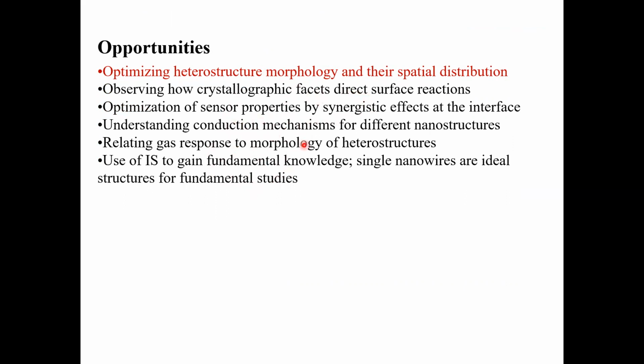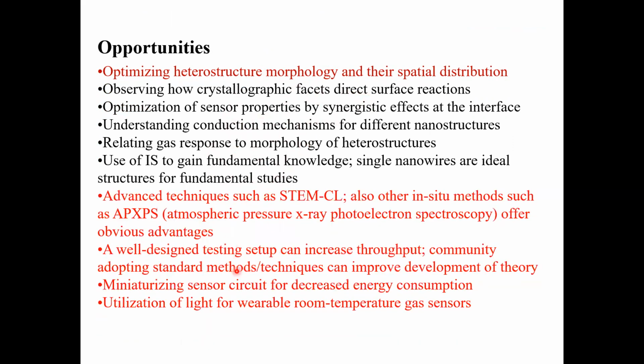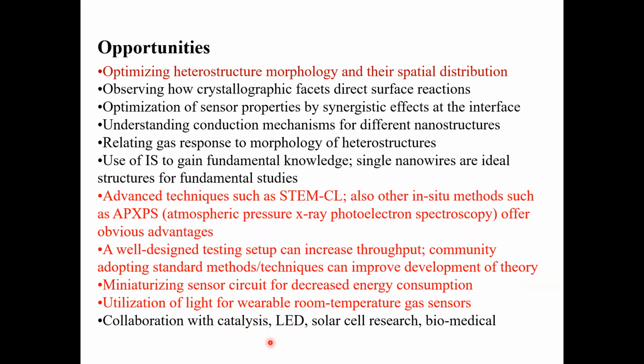It's a lot of fundamental type of opportunities, and a lot of characterization and fundamental measurement type opportunities, as well as collaborating with other communities for application like catalysis, LED, solar cells, and biomedical communities. So clearly, many opportunities exist.